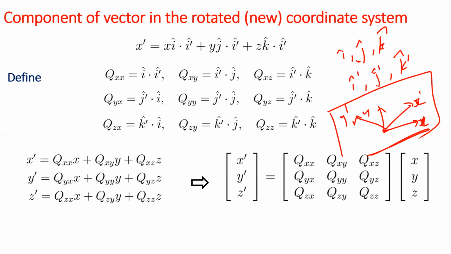Effectively, since you know how much you have rotated, you know the angles between all these 3 new axes. Since we are rotating, we know the angles, which means the corresponding dot products can be evaluated. The angle between i and i prime is known. The angle between i prime and j is known.